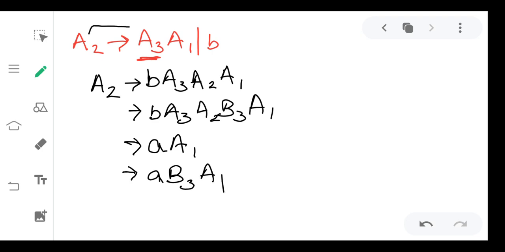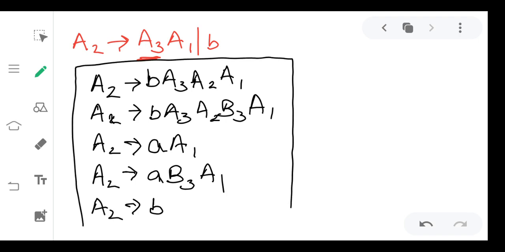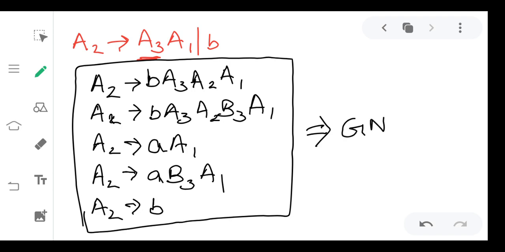And one more equation for A2, that is A2 produces B. So it has to come over here, A2 produces B. So these are all the equations for GNF format of A2. So now we have got 5 equations for A2. So now we have achieved the GNF format for A2 also.